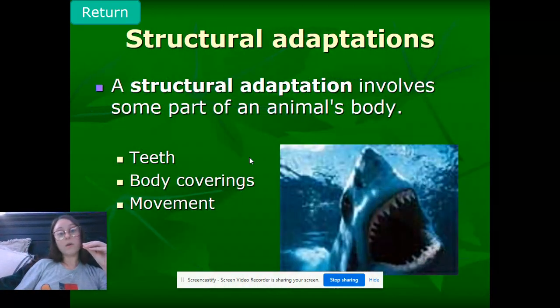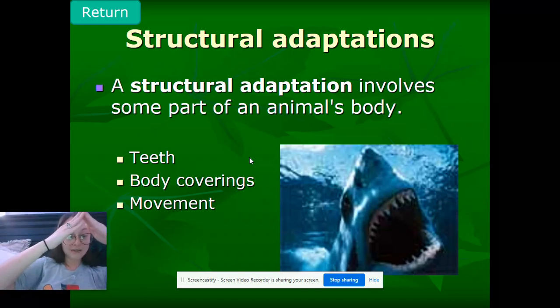So let's just do a quick recap of the 3 adaptations we learned. The first one is structural adaptation. And what does that structural adaptation do? It's how my animal is built or the different body parts.